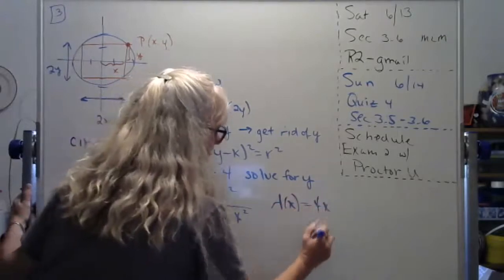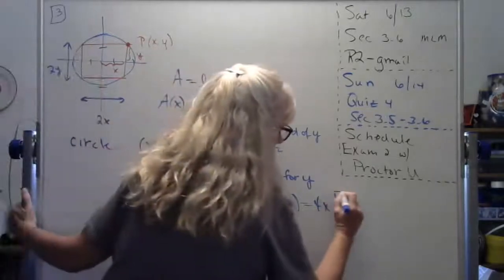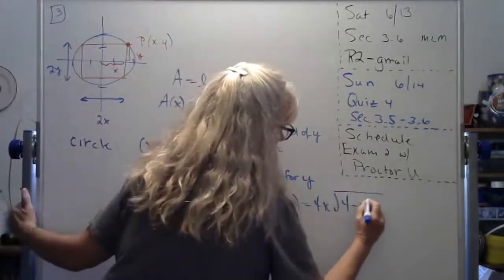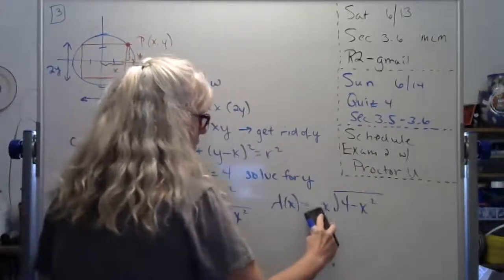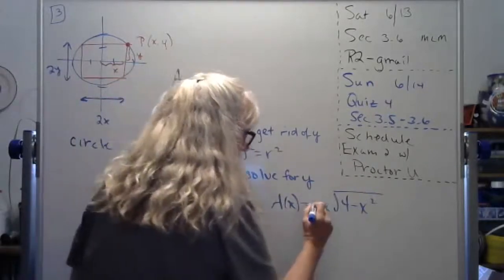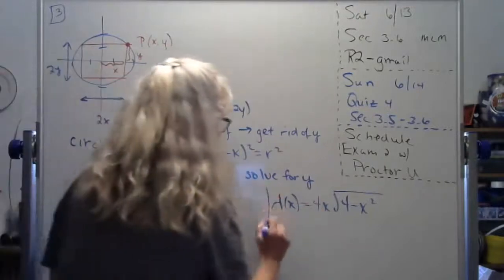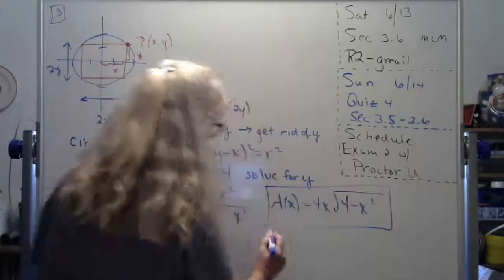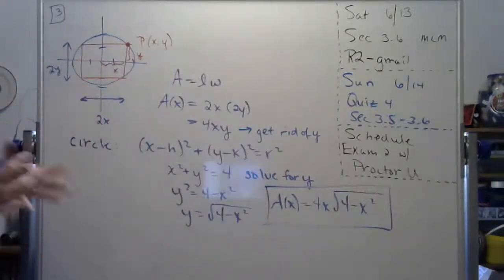I have a 4x, and in place of that y, I'm going to replace it with the square root of 4 minus x squared. So I end up with 4x times the square root of 4 minus x squared. There's a lot of 4's floating around there. That's only because the radius is 2. And that's your answer. So you've now written a function in terms of x that expresses the area of that rectangle that's inscribed inside of the circle.